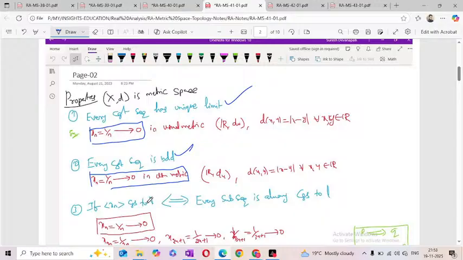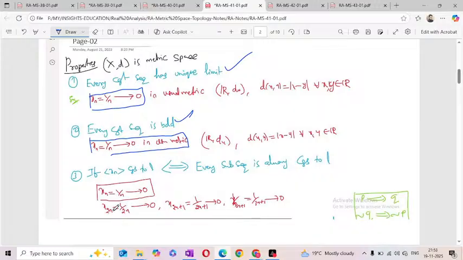Next, the third point. Suppose there is a sequence xn equal to 1 by n, which we know tends to 0. But here I am taking two subsequences, one is the even index and another is the odd index. These two subsequences tend to 0 only. That means if the sequence converges to L, each and every subsequence must tend to L only.